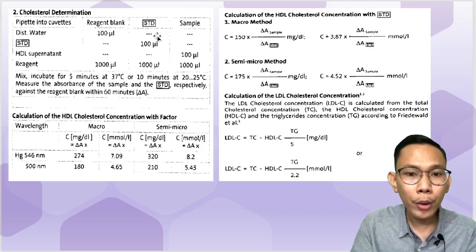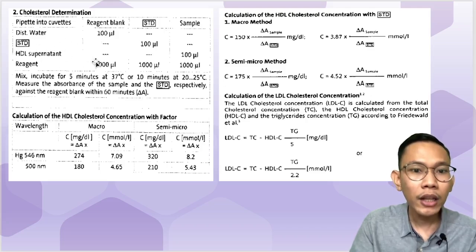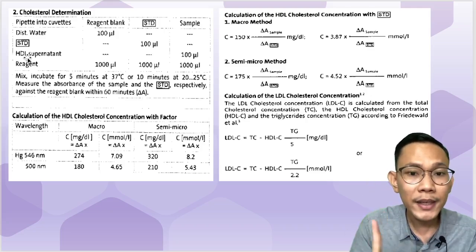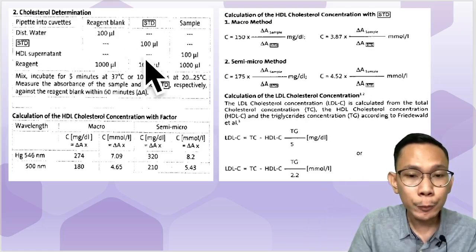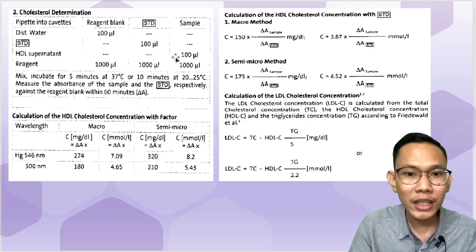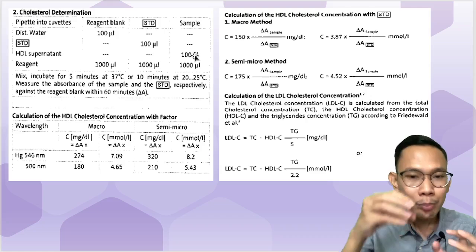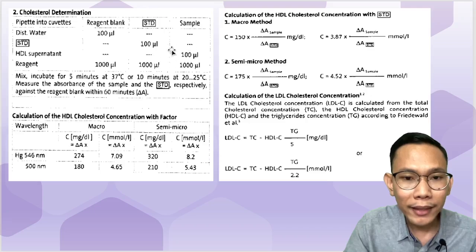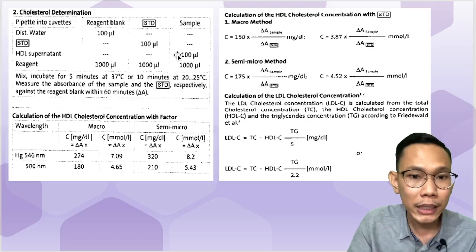And for your sample, yung sample dito referring to the HDL supernatant. Hindi siya nagre-refer sa ating serum. Yung nagre-refer sa ating HDL supernatant, which is 1,000 UL. But remember, kanina, pinacentrifuge natin, tapos may precipitate sa ilalim, and yung may clear supernatant, yan yung ginamit natin sa sample, hindi yung from the serum pa kanina. Kaya, I hope that's clear.